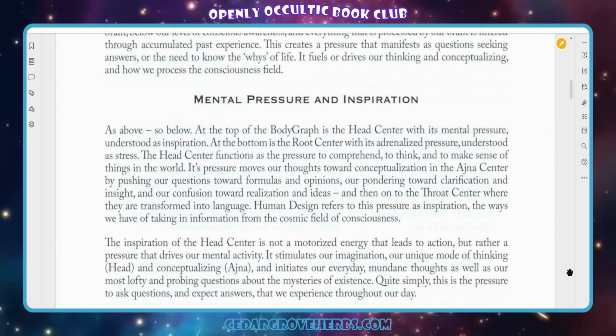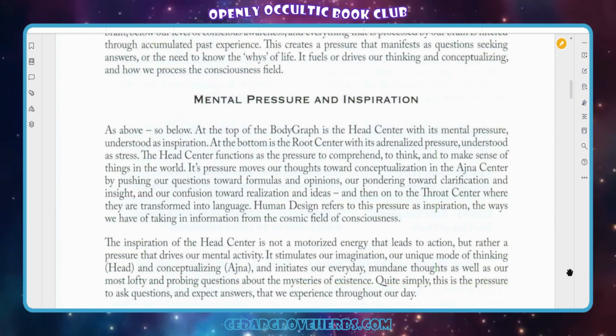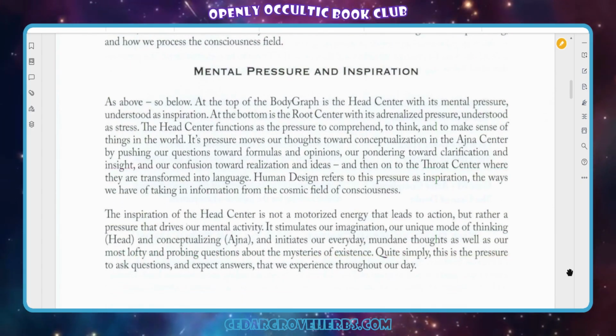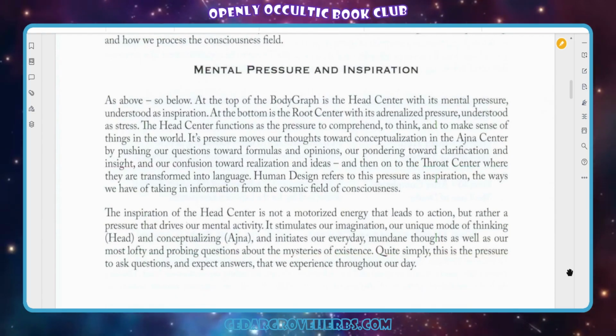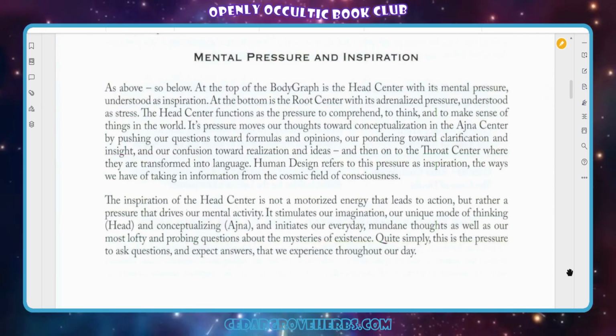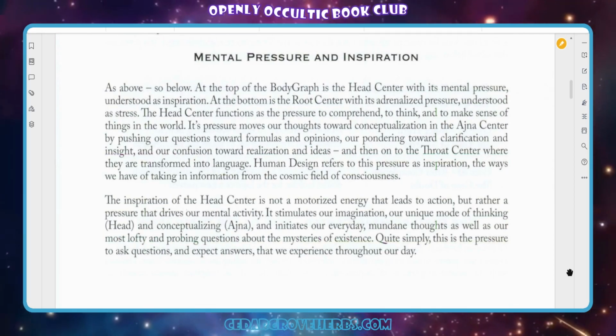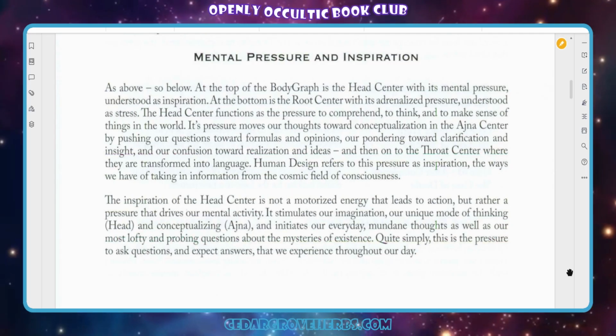Human design refers to this pressure as inspiration, the ways that we have of taking in information from the cosmic field of consciousness. The inspiration of the head center is not a motorized energy that leads to action, but rather a pressure that drives our mental activity.